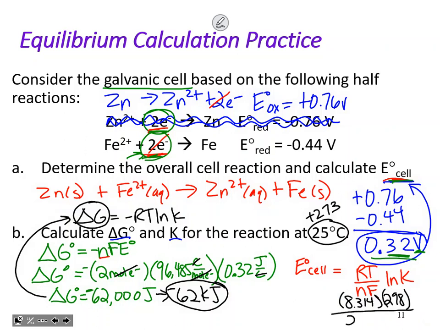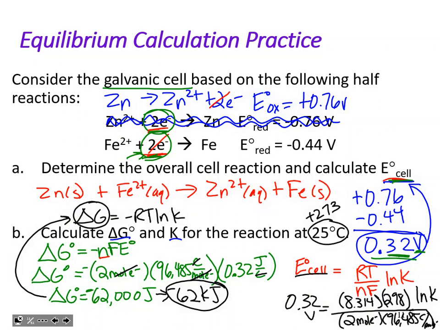And the moles of electrons are still 2 moles of electrons, times Faraday's constant, 96,485, which is the coulombs per mole of electrons. ln K, that's going to give us the E cell, which is 0.32 volts. Now you can move everything back over so that you get ln K.